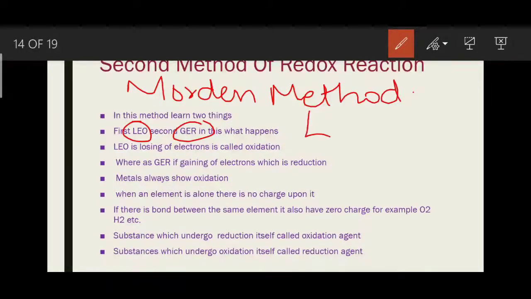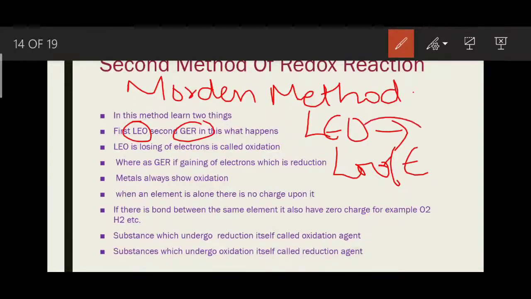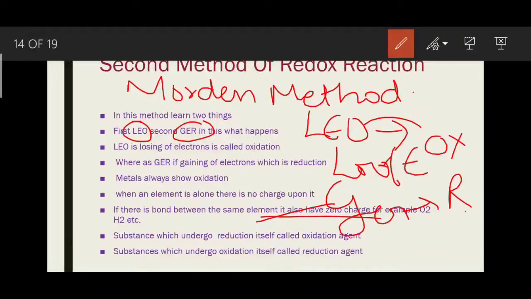In this, LEO stands for loss of electron is oxidation. GER, gain of electron is reduction. Here LE stands for loss of electrons and O stands for oxidation. Here GE stands for gain of electron and R stands for reduction.